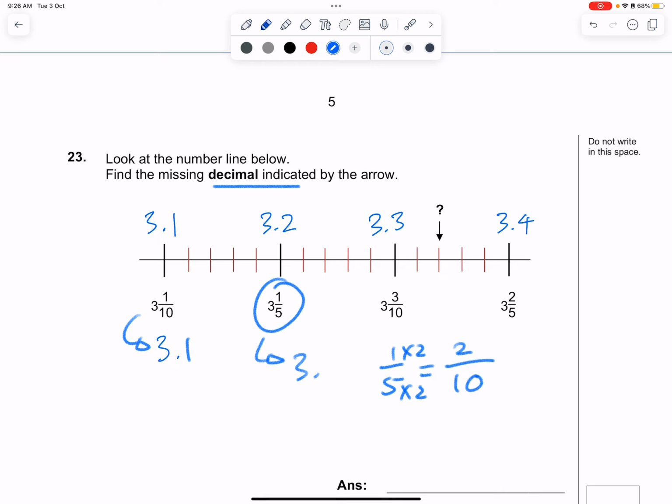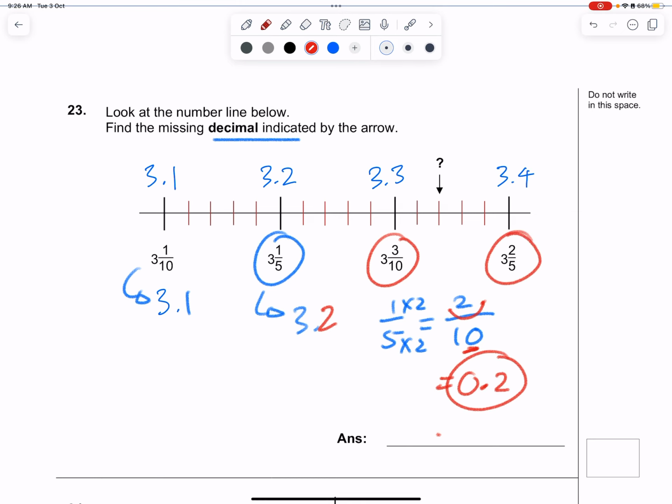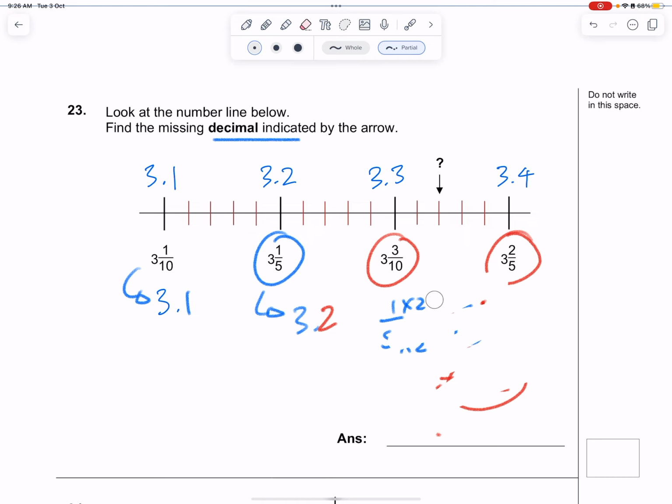Now 2 divided by 10, once again I will shift by 1 decimal place because there's only 1 zero. So it equals 0.2. So 0.2 plus 3 is 3.2. Okay, the same thing for this and this. I'm going to erase all this rough working so I have space.